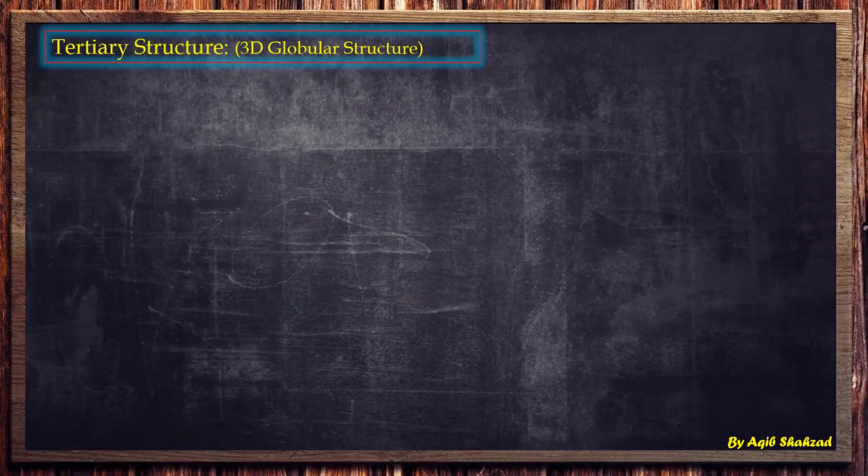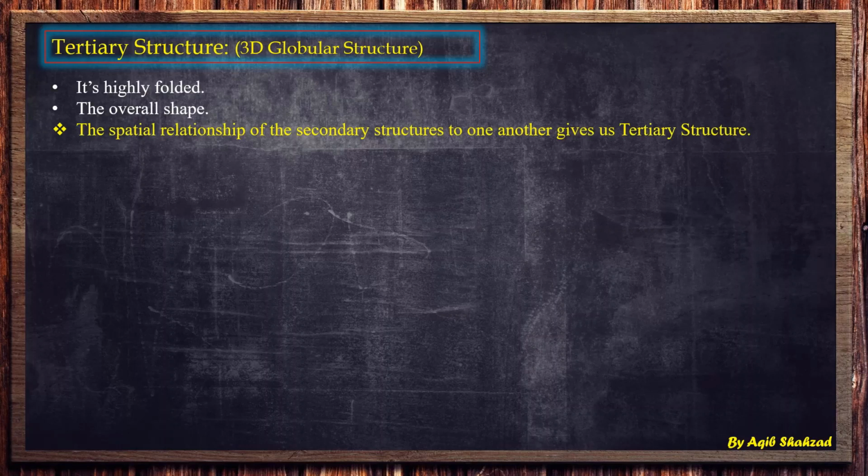Now here we are going to discuss the tertiary structure. What is the tertiary structure? How is it known to us, and what do we need to learn about it? Tertiary structure is just the highly folded part of a protein. In this structure, we have a 3D globular structure of a protein. It's actually the overall shape of a protein, a spatial arrangement or relationship of secondary structure.